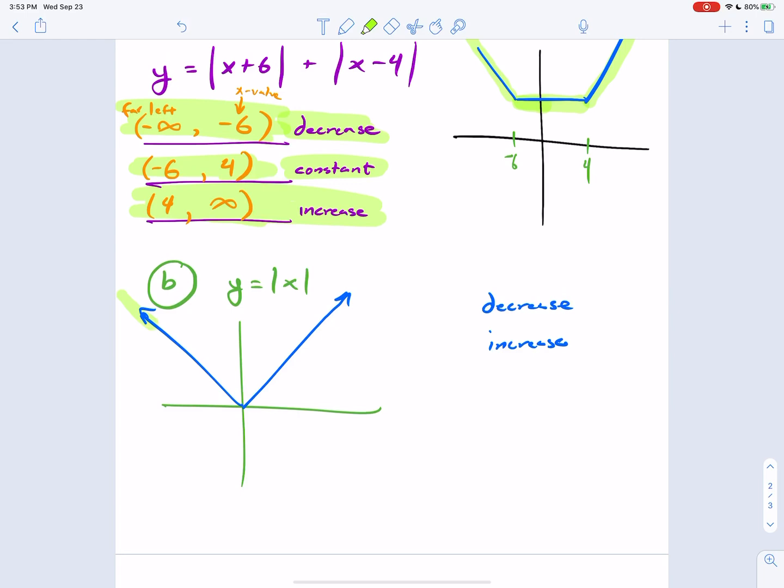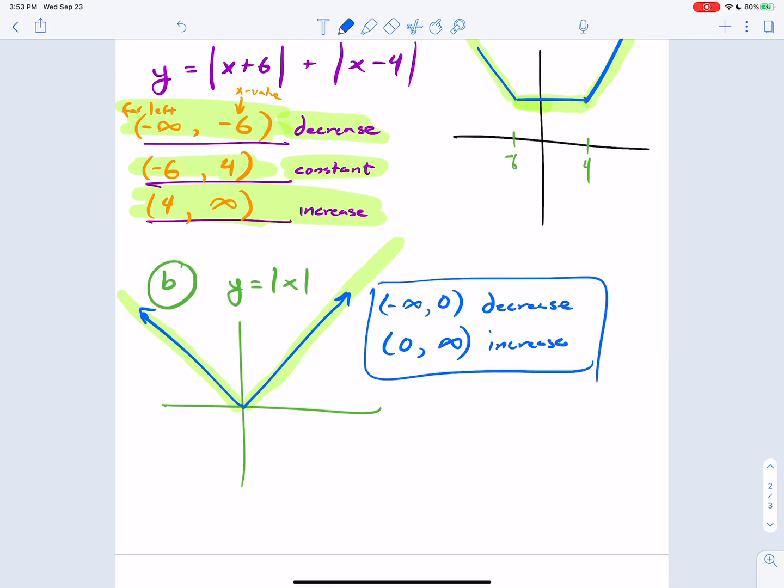We know from the far left, from negative infinity all the way up to where? That looks like about 0. So from negative infinity to 0, the function is decreasing. And from 0 all the way on to the far right, the function is increasing. That's it. It's that easy, you guys.